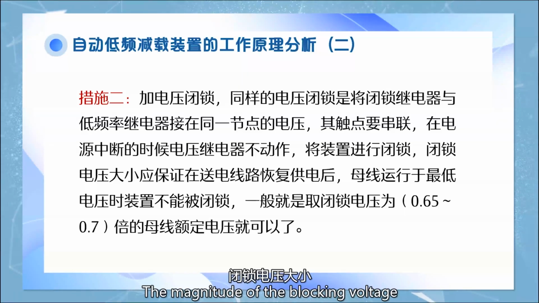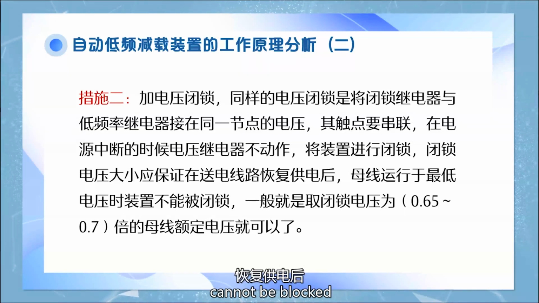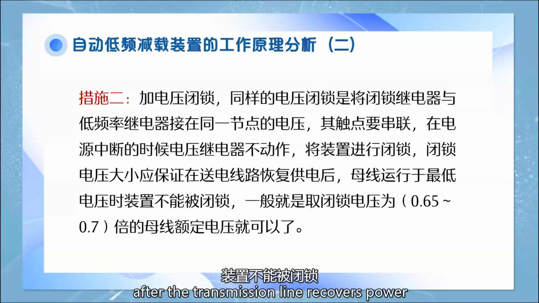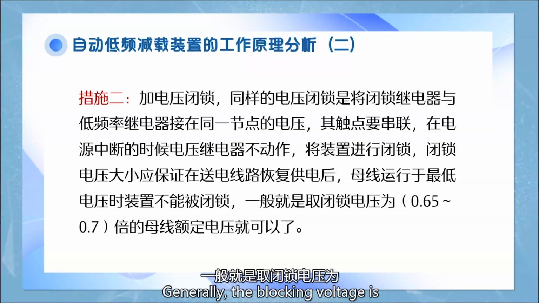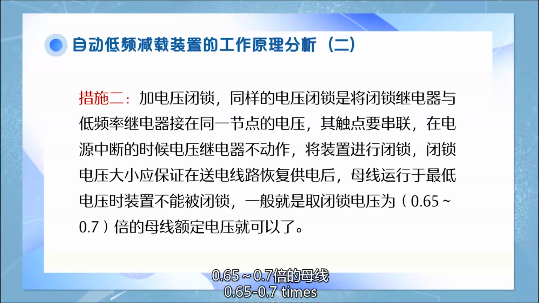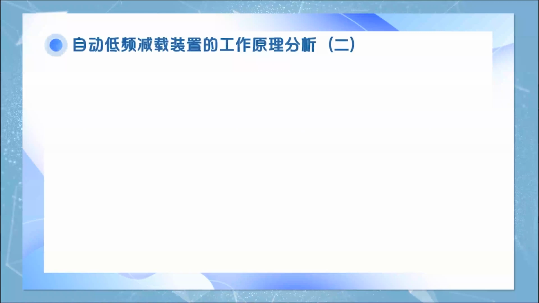The magnitude of the blocking voltage should ensure that the device cannot be blocked when the bus bar is operating at the lowest voltage after the transmission line recovers power. Generally the blocking voltage is 0.65 to 0.7 times the rated voltage of the bus bar.